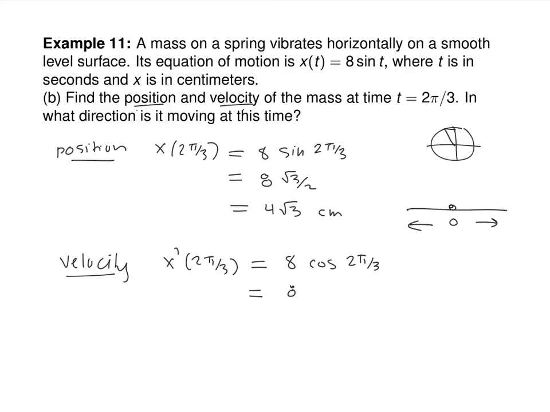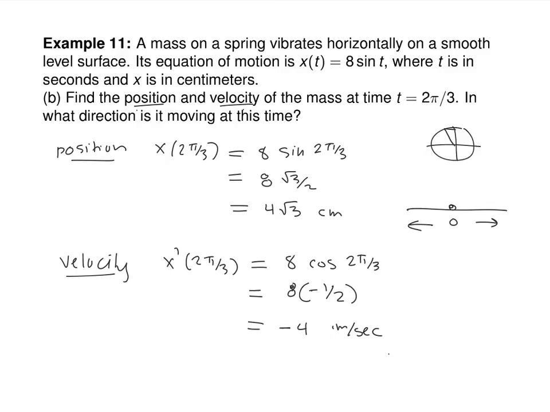So that's 8 times, what is cosine of 2 pi thirds? No, it's negative 1/2, I believe. Yeah? Okay. So that's negative 4, and what's its units? Centimeters per second, yep, that's right.